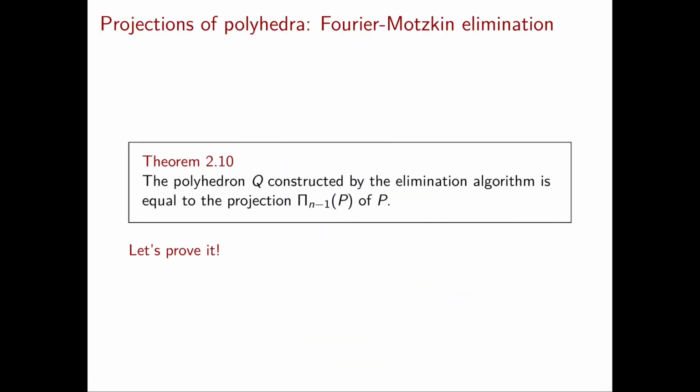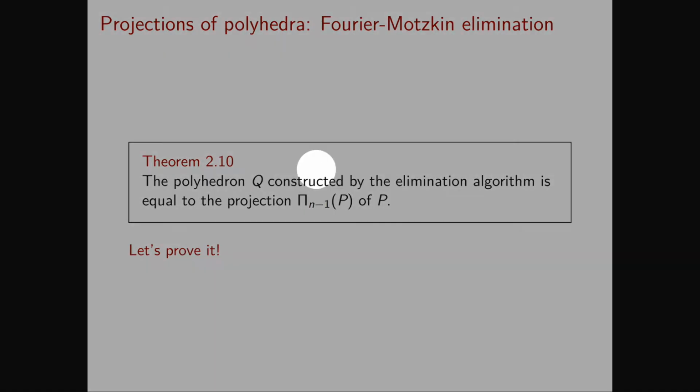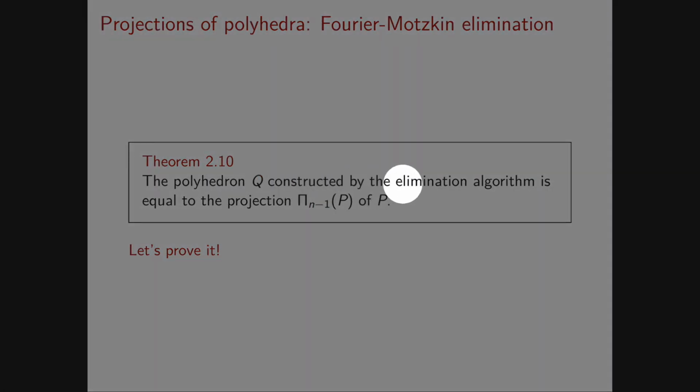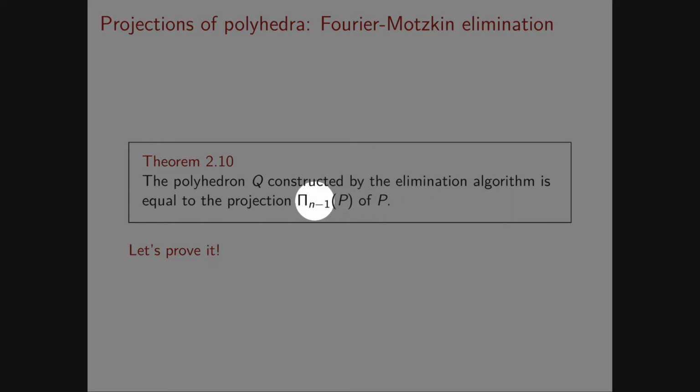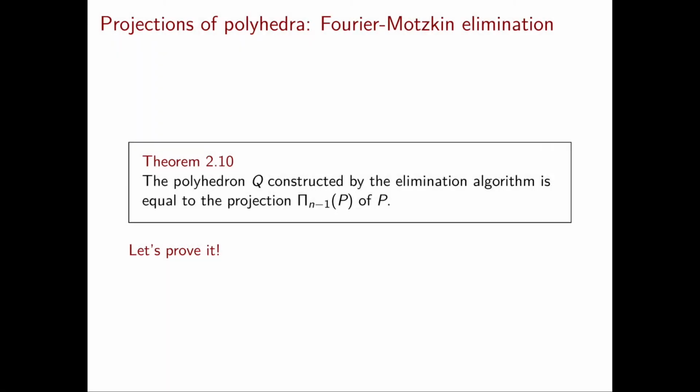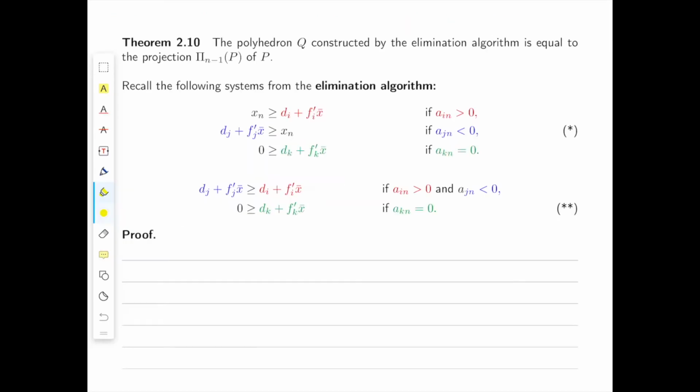Theorem 2.10 then says that the polyhedron Q constructed by our elimination algorithm is equal to the projection capital pi n-1 of P. Let's prove this theorem. In this theorem, we need to prove that Q is equal to the projection pi n-1 of P. So we're going to prove separately the two containments.